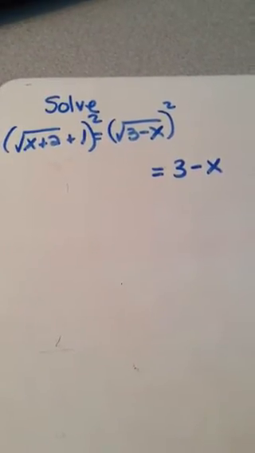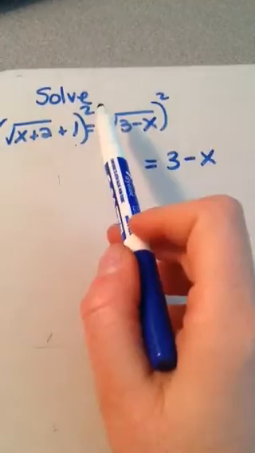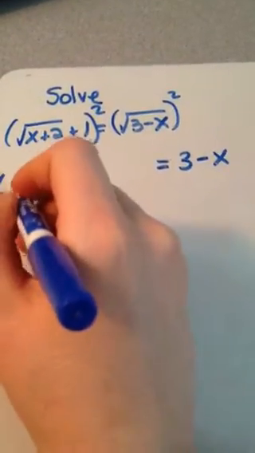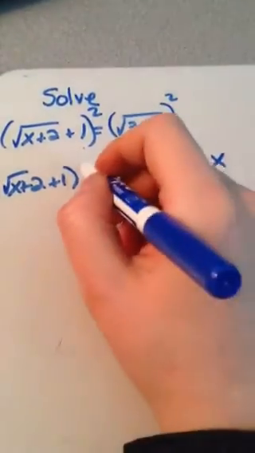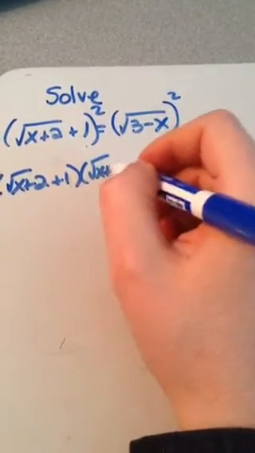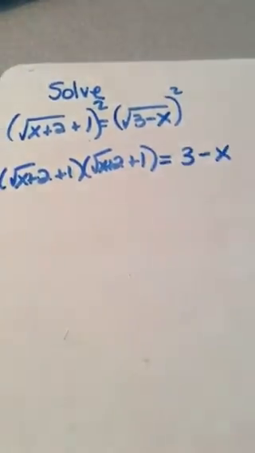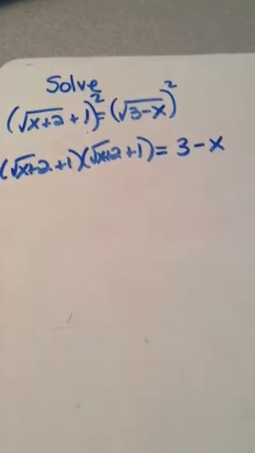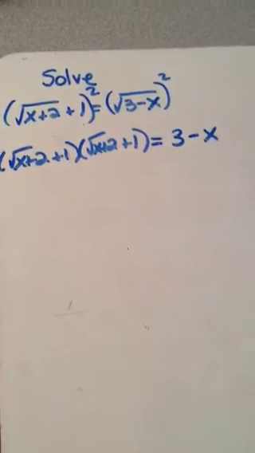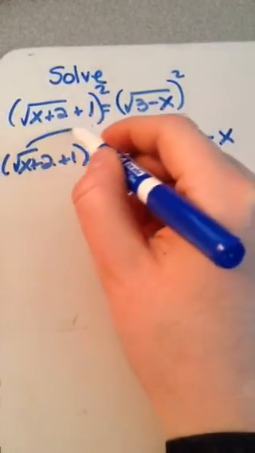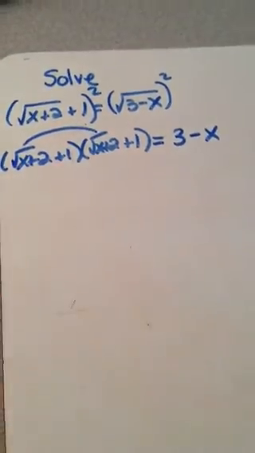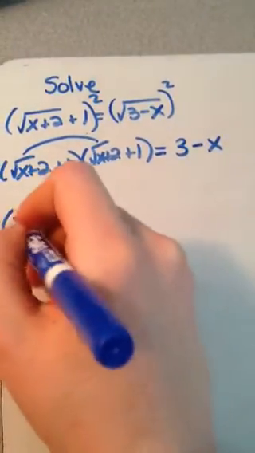But on the left-hand side, this is now a binomial that I'm squaring. And I'm actually going to write that out so you guys can see the steps and we can follow it. Okay, so now I've got to multiply this binomial expression. So the square root of x plus 2 times the square root of x plus 2, that's actually just going to give me an x plus 2.